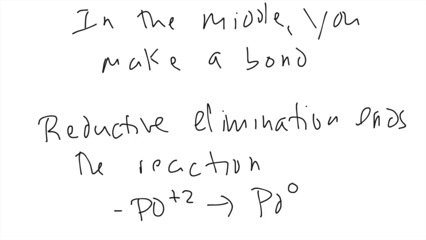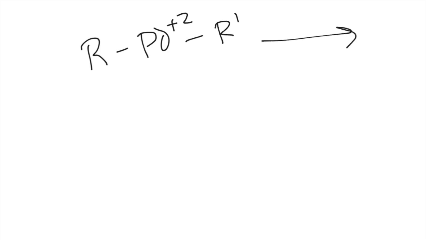So usually this looks something like this. I have space for it, I'll do it on the other slide. You have your palladium, and oftentimes it'll have two R groups on it. We'll call them R and R1. And the palladium will kind of step out from being in between the two carbon groups. It will put them together to make your new bond, plus it will go back to palladium 0.